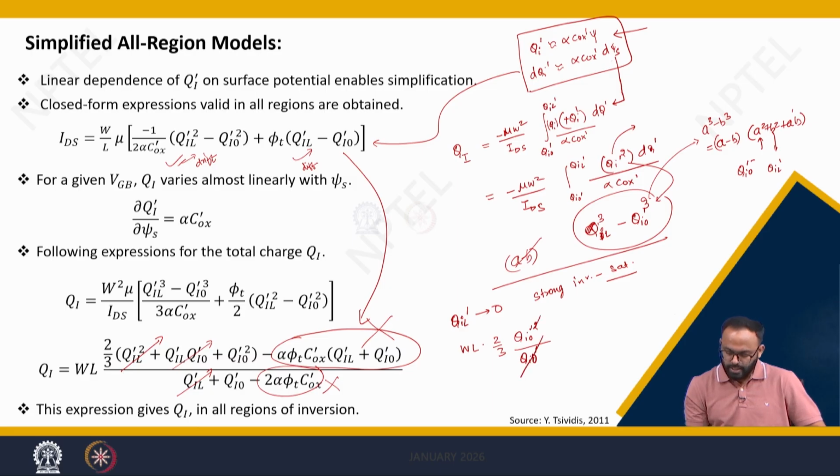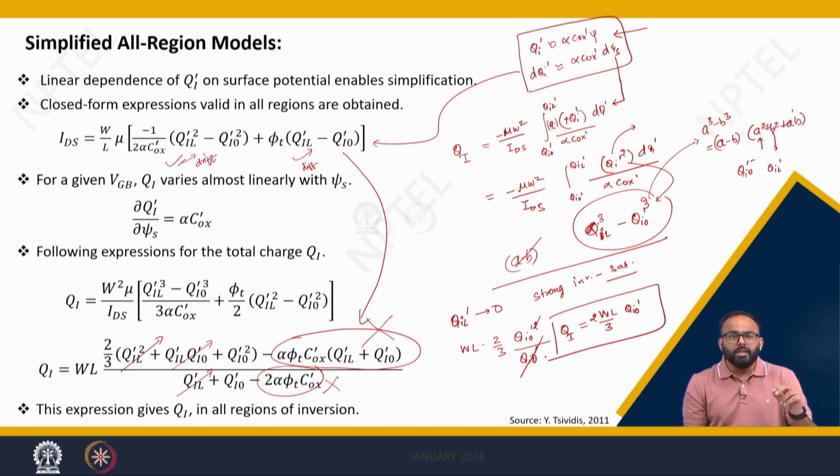This will get cancelled, and ultimately you will get the total charge as W divided by 3 into L into 2 into Qi dash 0. That is what we have derived for the inversion charge in saturation region strong inversion, right?